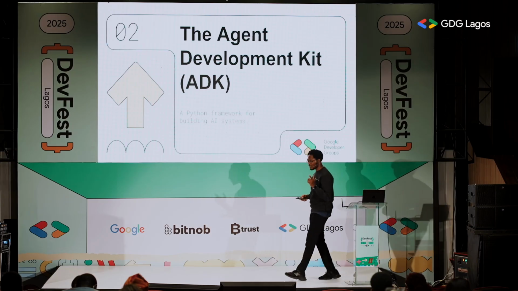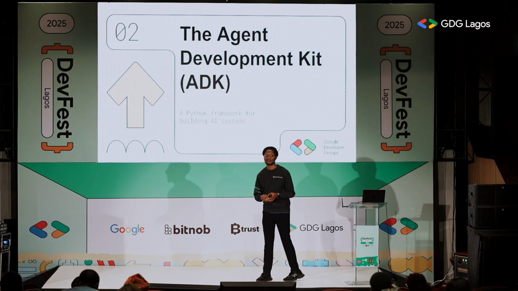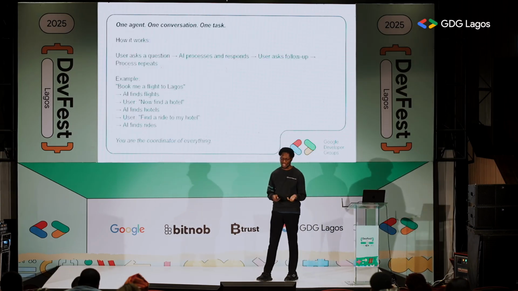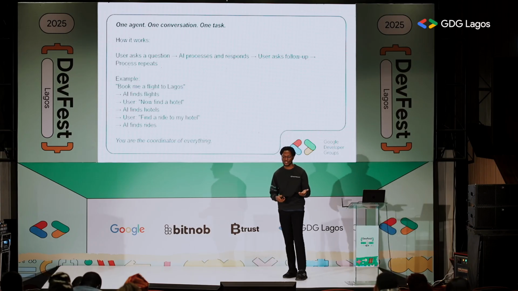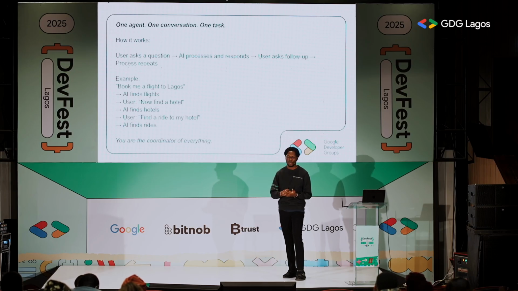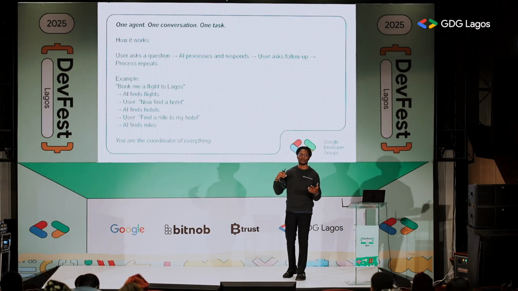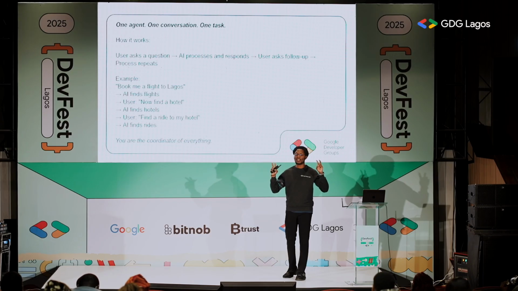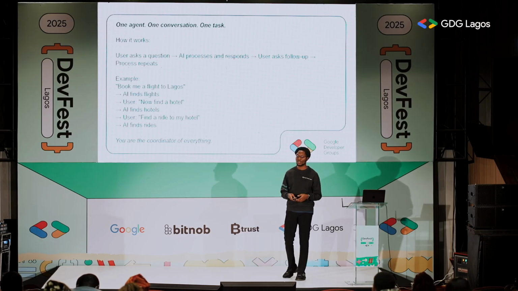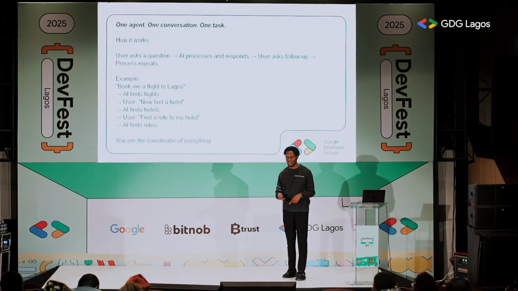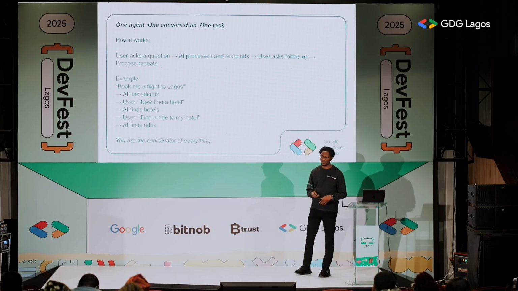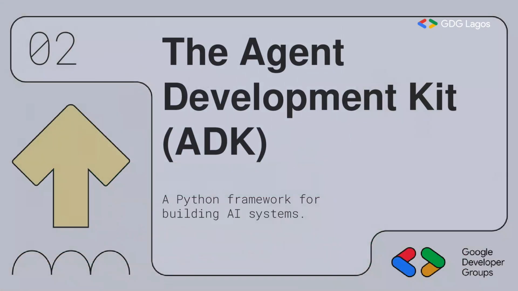That brings us to agent development kits, right? Because if you're doing something like this where you want to have multiple agents which have access to different tools and can call different models, can independently orchestrate other models, you need something to be in charge of this orchestration. And that's what we have ADK for, the Agent Development Kit.